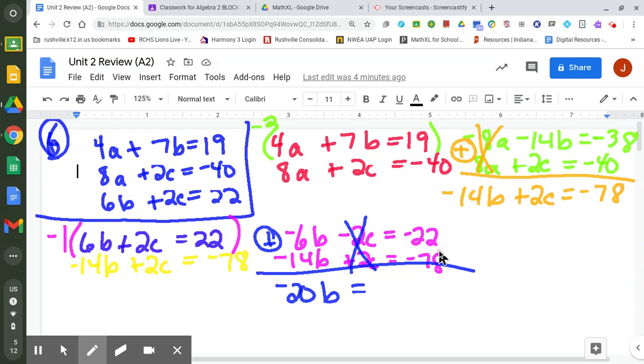So now negative 22 minus 78, use your calculator, gives me negative 100. Divide by negative 20, divide by negative 20. So I end up with B equals, and if you need to use your calculator and make sure you have the signs right and everything, that'd be fine. B equals 5.